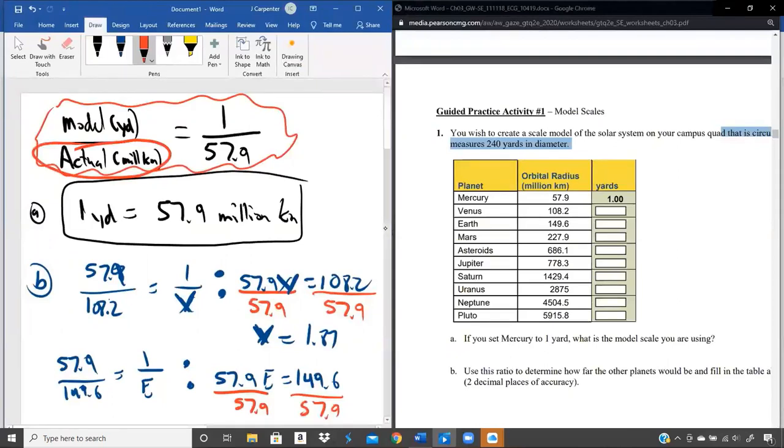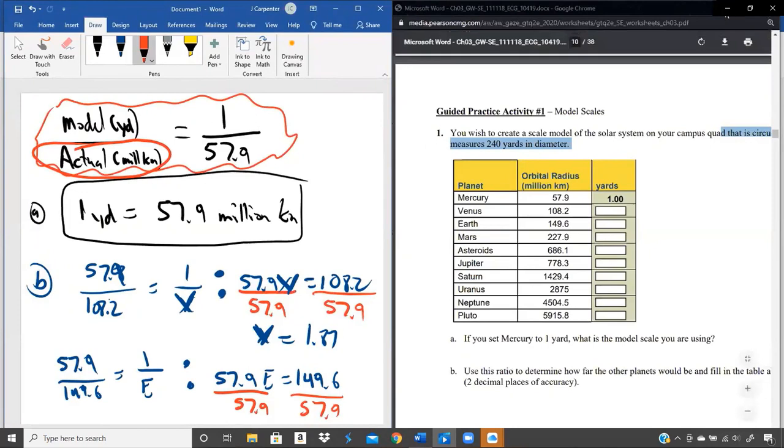When you want to do Neptune, you can just replace the actual with 4509. So I did this as a proportion table, but you can still do this as this scale equation. You can also do it as the y equals kx setup, but it's not as simple as you might think. So that's why I'm not going to talk about it for this particular problem.